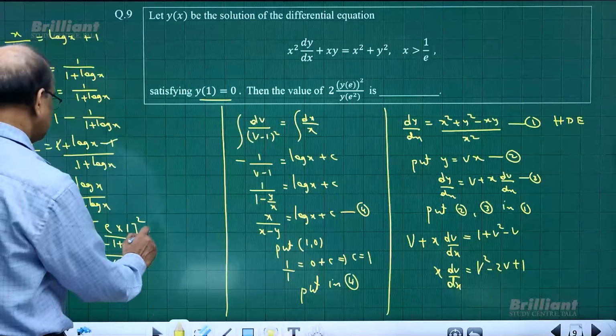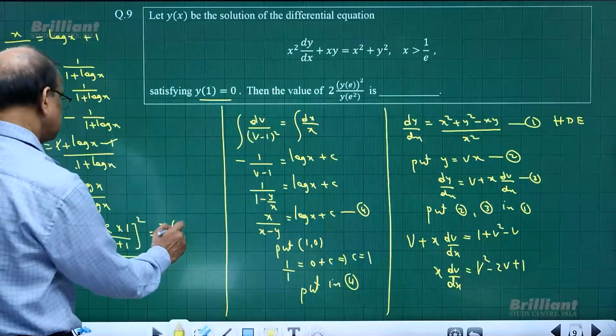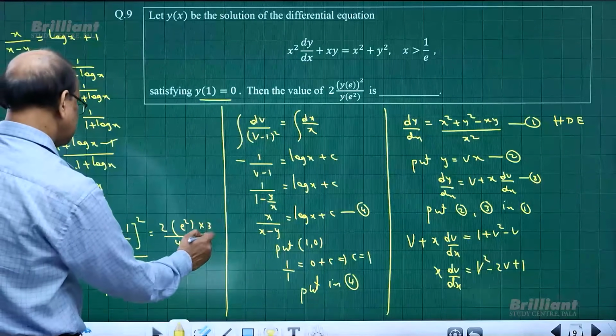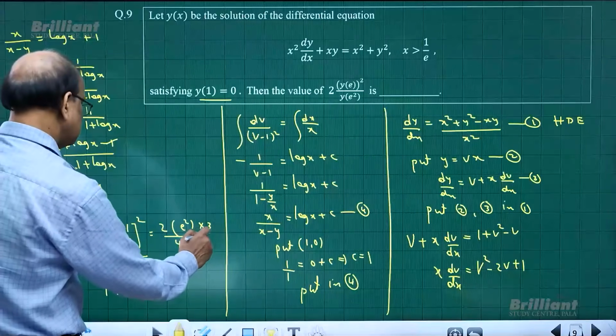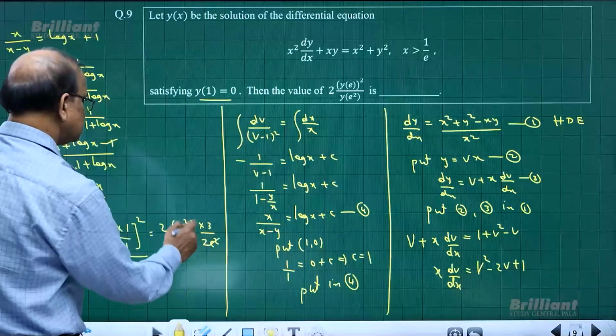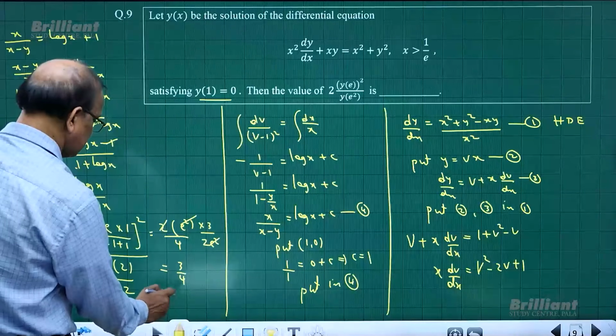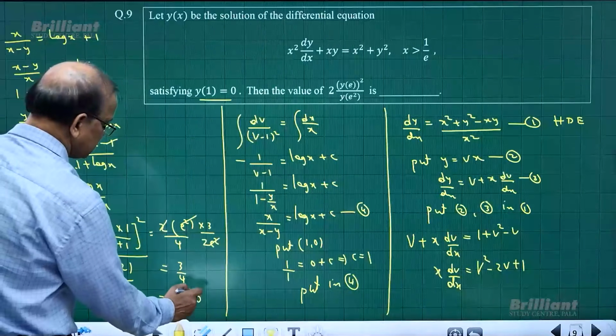So what is this value? 2 times e square by 4 into 3 by 2 e square, which is 3 by 4. So 0.75.